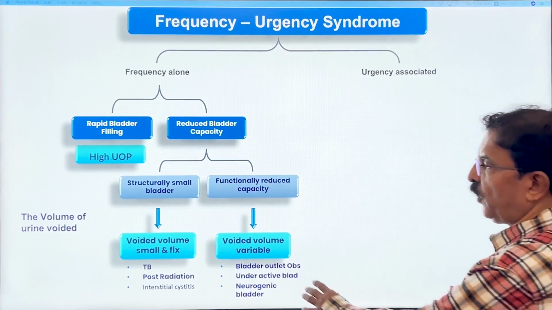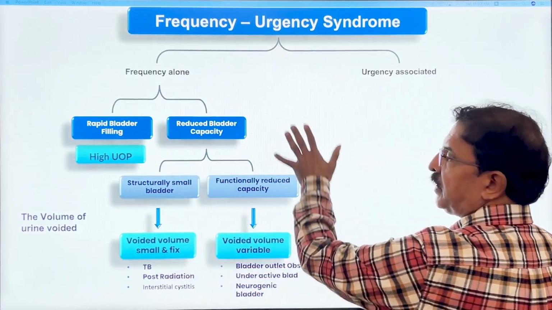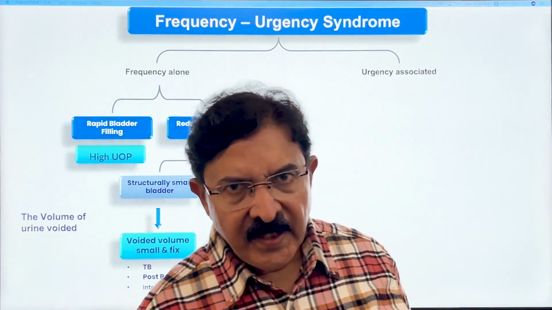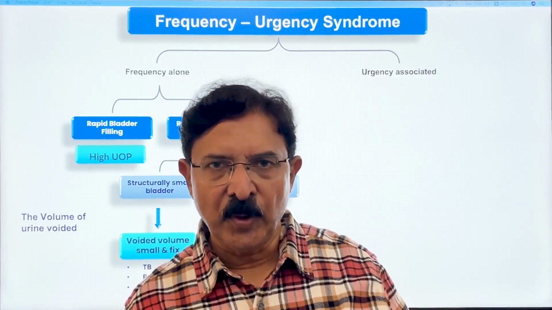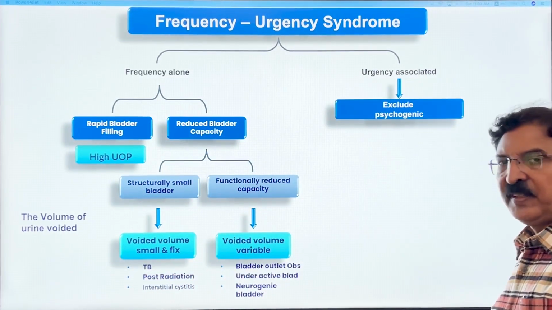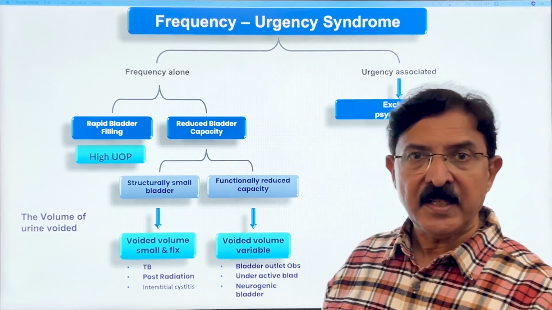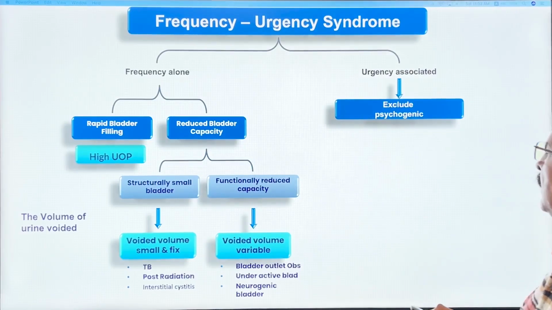So frequency alone can be easily found out by delving into how much liquid the patient is taking in and how much urine she is passing out. But if she has urgency as a dominant feature, has frequency of course, has nocturia of course, but urgency is a major symptom, then you have to follow the sequence of knowing the reason for urgency.